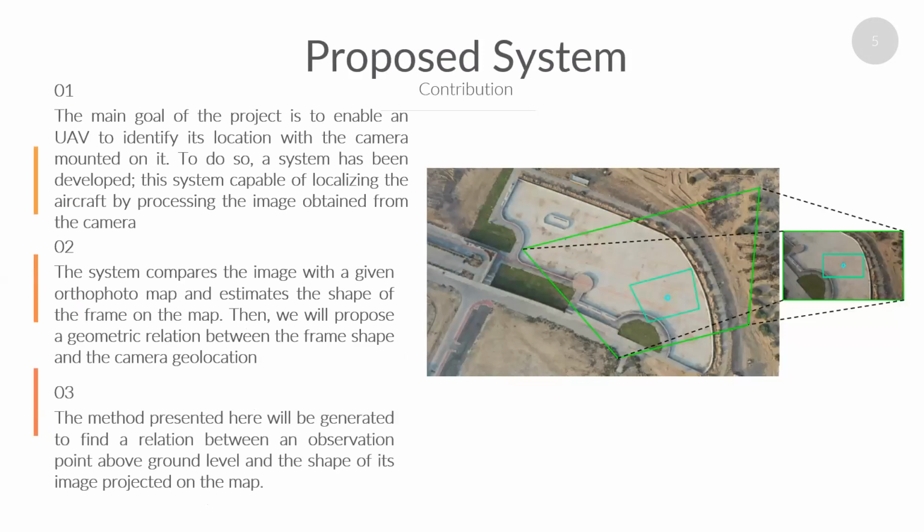Here the proposed system. The main goal of the project is to enable a UAV to identify its location with the camera mounted on it. The system compares the image with a given orthophoto map. The method presented here finds a relation between the observation point above ground level.